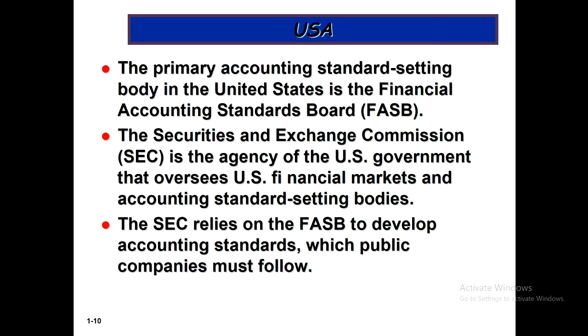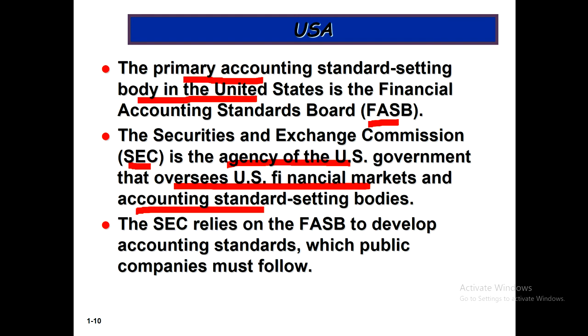Basically, the FASB is the primary accounting standard setting body in the United States, and the SEC is also an agency of the US government, and the SEC oversees the US financial markets as well as accounting standard setting bodies.